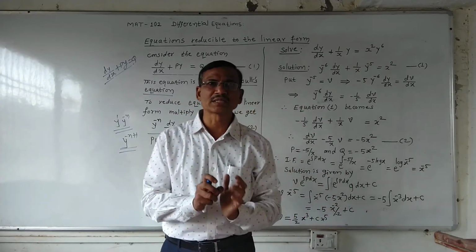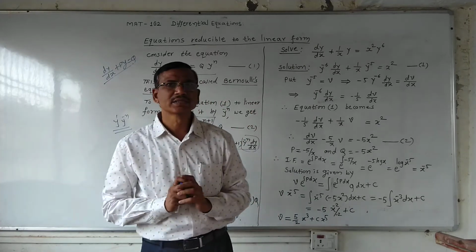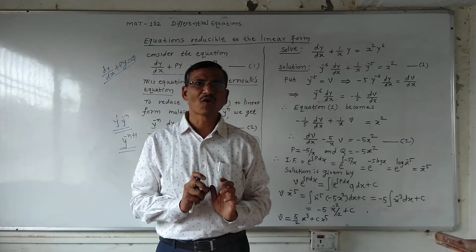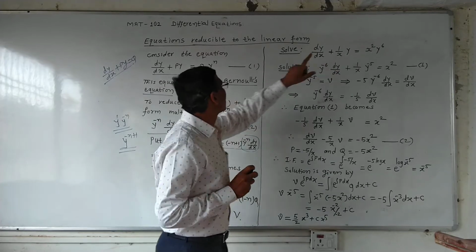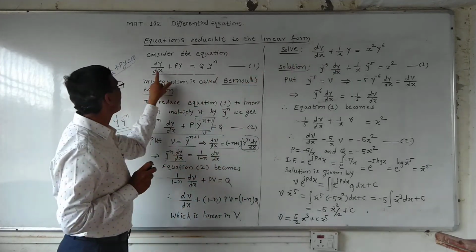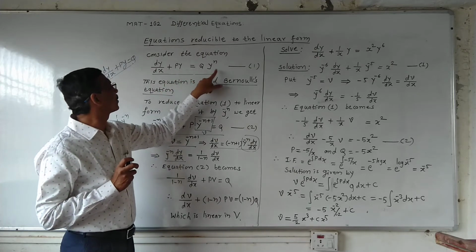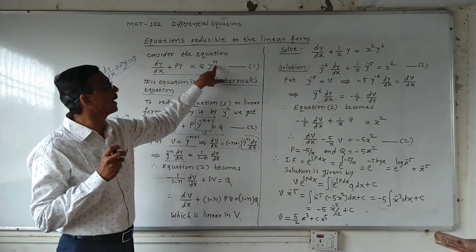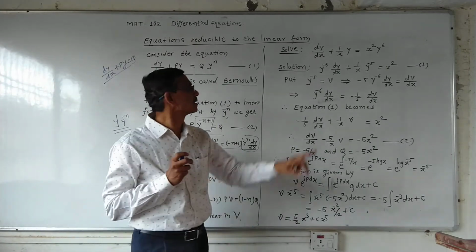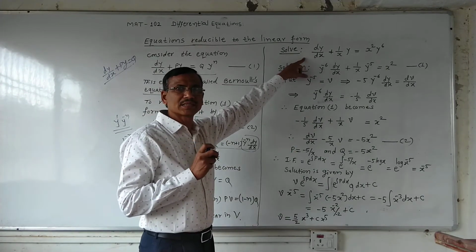Therefore, it is not only a function of x, there is a y raised to 6 also. And therefore, this is the Bernoulli's equation, because this is in the form dy by dx plus py is equal to q into y raised to n. n is 6 in this case.